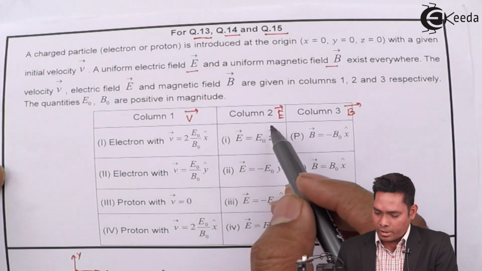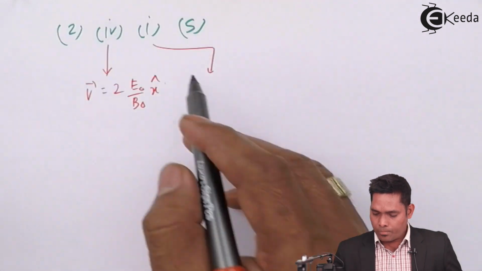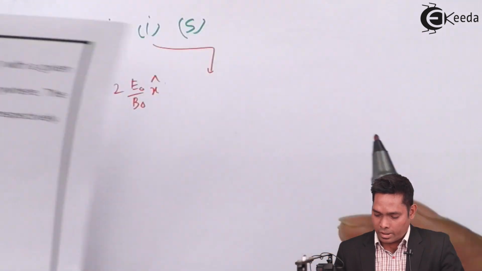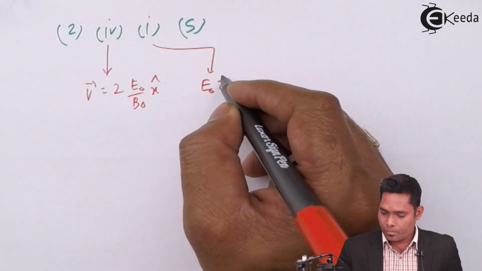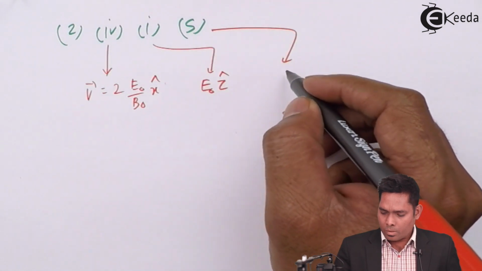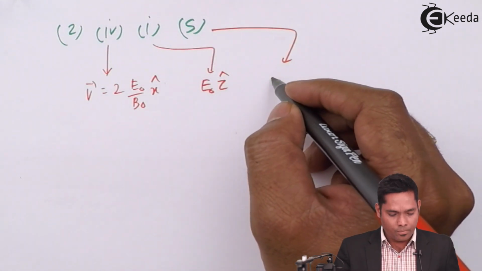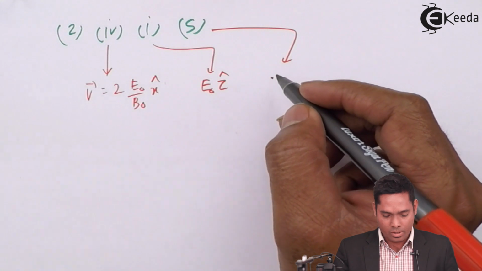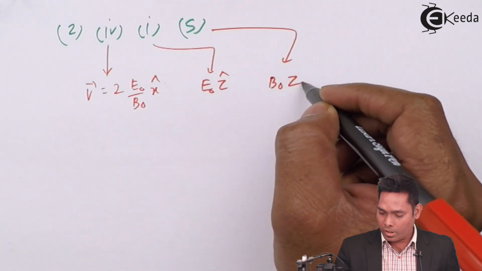Next, for the second column, electric field, which is in I, that is E naught Z cap. This is for magnetic field, which is S. S is B naught Z cap.